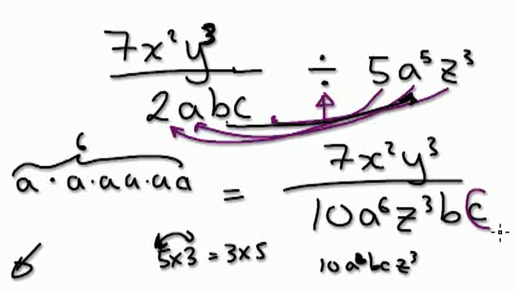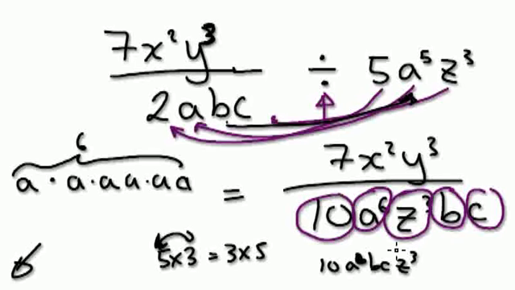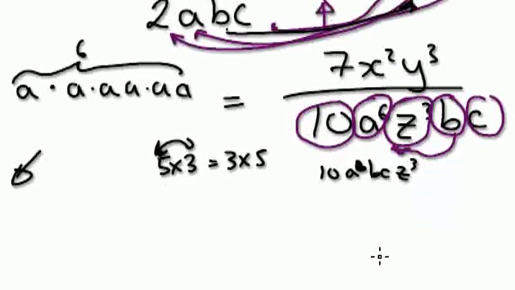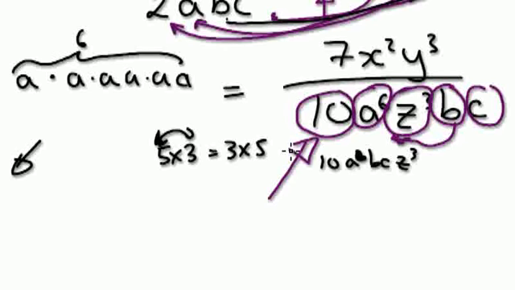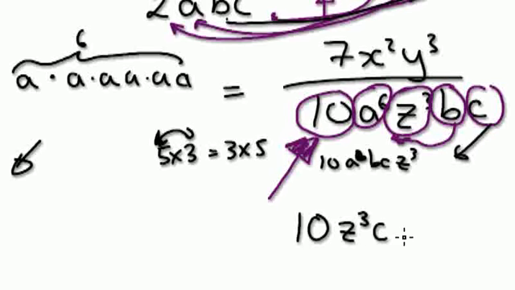Basically, I can switch these around. It doesn't matter. You see, you've got a bubble here, and a bubble here. I can switch these around, but as long as the number is always in front. But with these, I can switch them around. So I could actually write it as this: 10 z to the power of 3, and then stick the c in here, and then stick this over here, a to the power 6, and then what else?